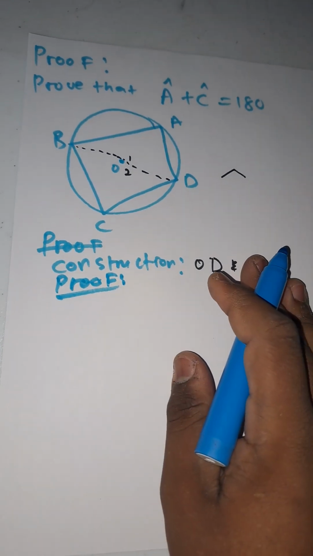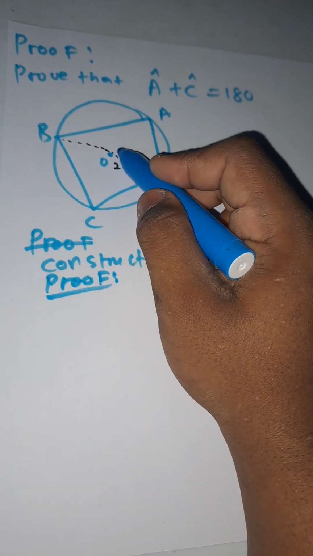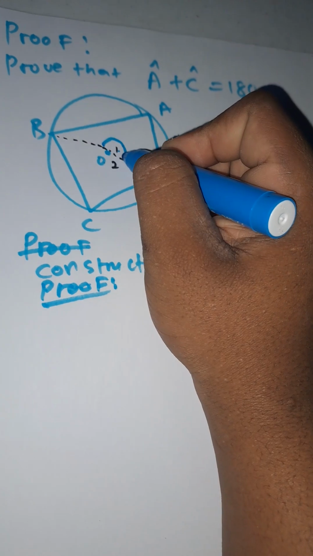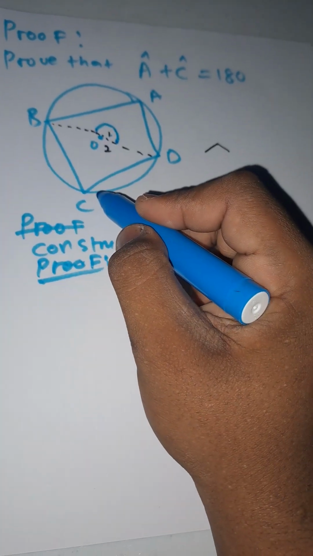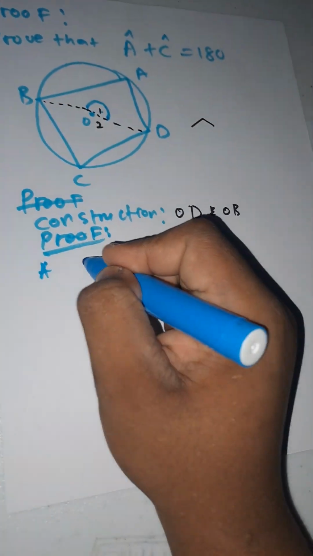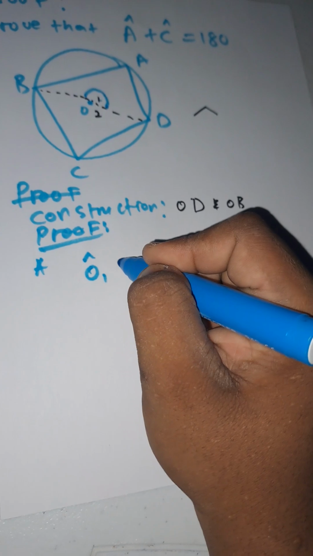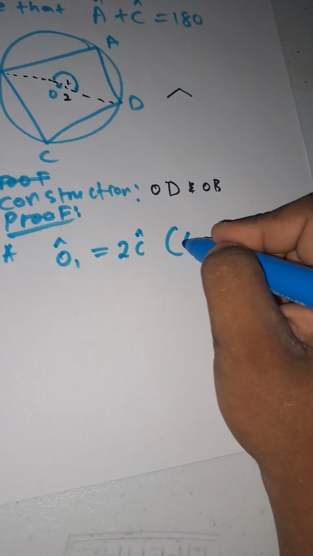The first thing that you have to know is that angle O1, this angle here, is equal to 2 times angle C. Remember the theorem I showed you before. What is the reason?